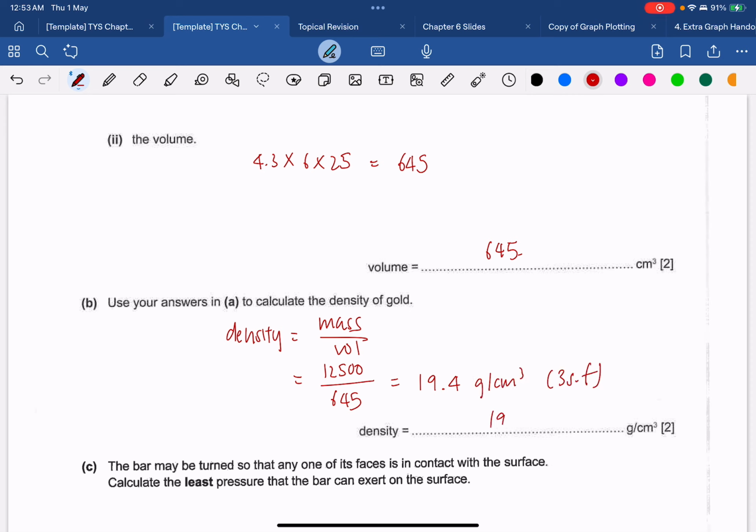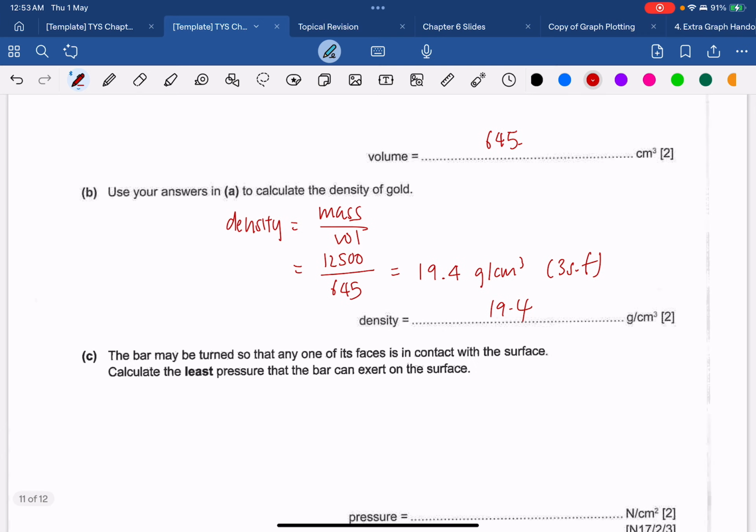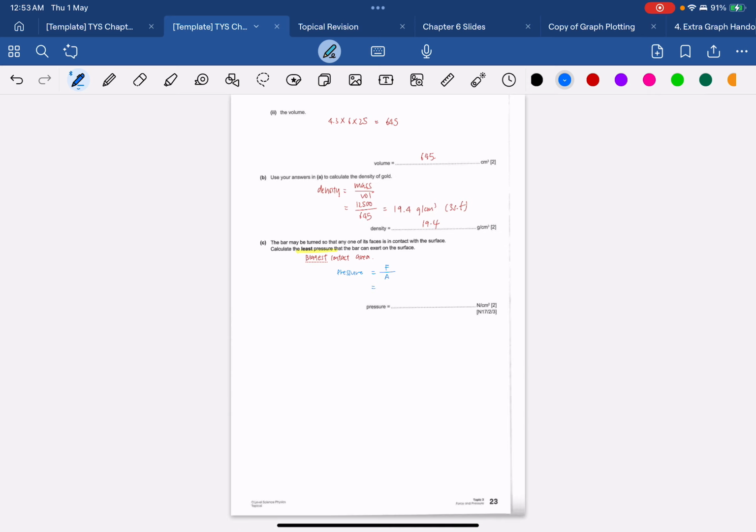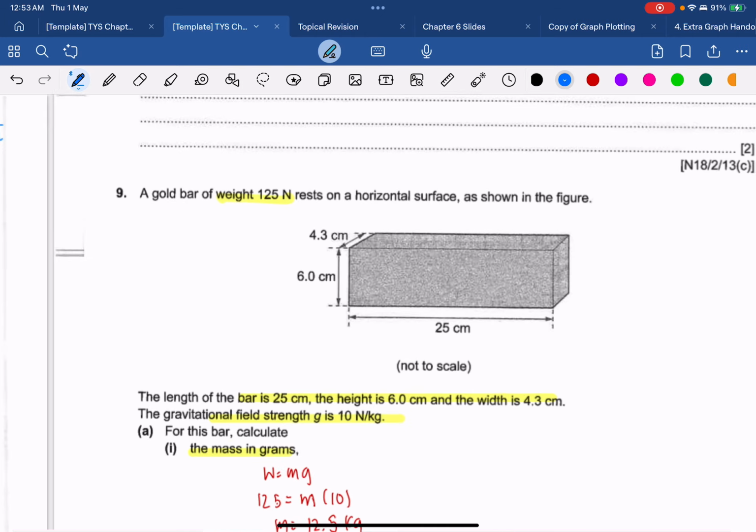So the bar may be turned so that any of the faces is in contact with the surface. Least pressure means biggest contact area. So pressure equals force over area. The force is 125.